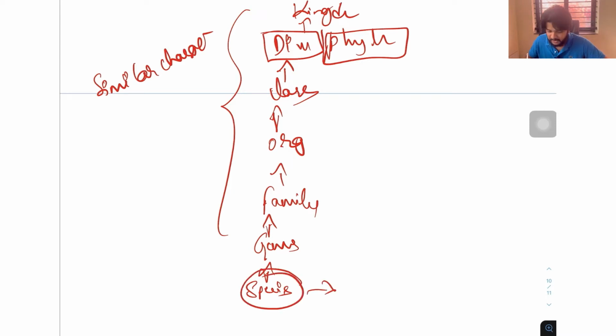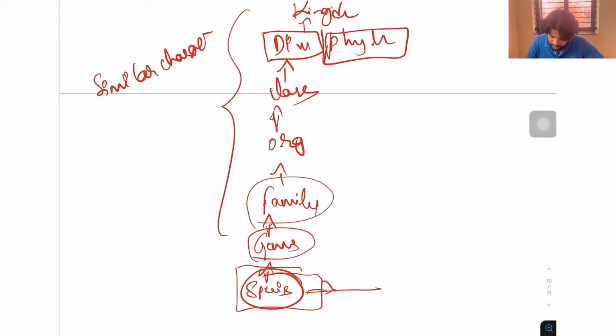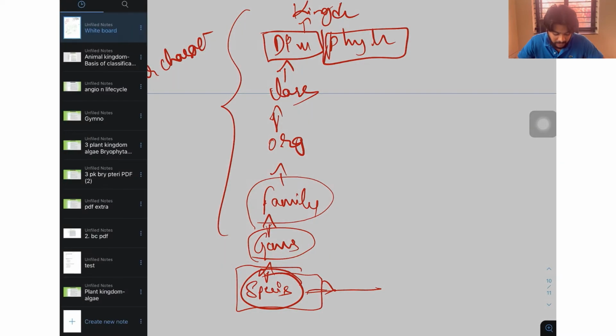What is a species? A species is a group of the same type of organisms living together in one particular area and interbreeding among themselves. All the same type of organisms are grouped under one species. Same type of species are grouped under a genus, and same type of genera are grouped under the same family. So similar characters are considered to classify an organism.